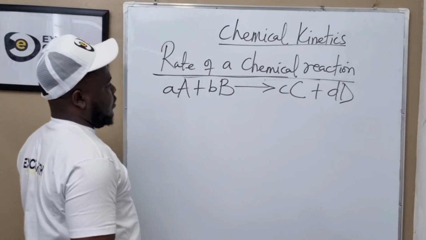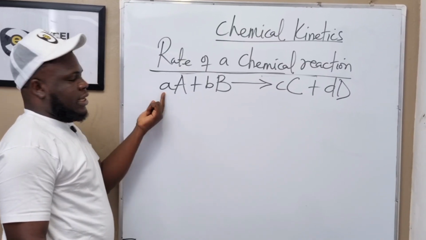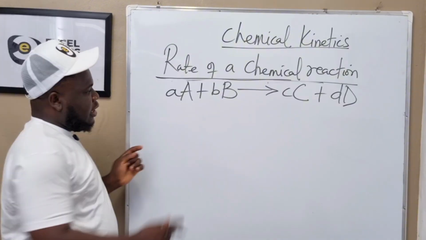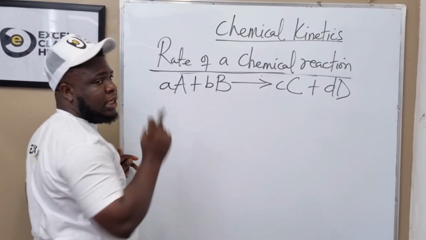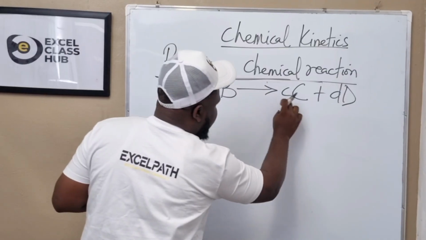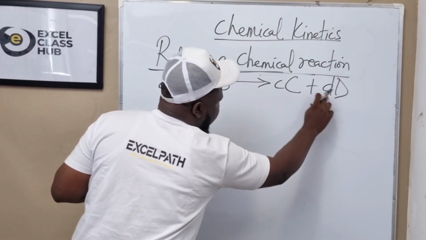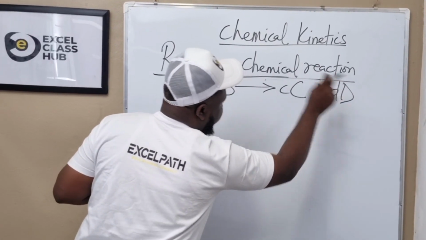In this reaction, small letter a is the coefficient or number of moles of reactant A, small letter b is the coefficient of reactant B, small letter c is the coefficient of product C, while small letter d is the coefficient of product D.